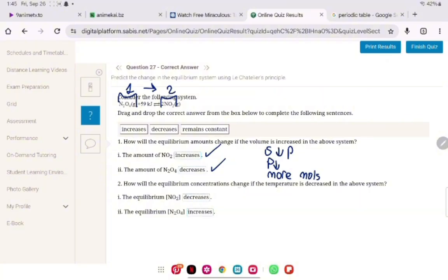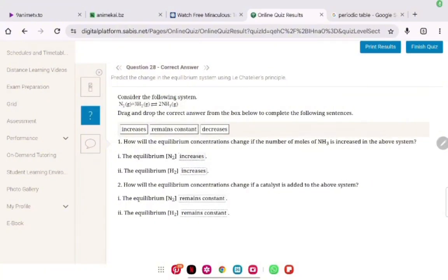Here, how will the equilibrium concentration change if temperature is decreased? If temperature is decreased, the system will try to increase the temperature, and it will move backwards, so NO2 will decrease and N2O4 will increase. At this point, you have to have mastered backward and forward reactions.